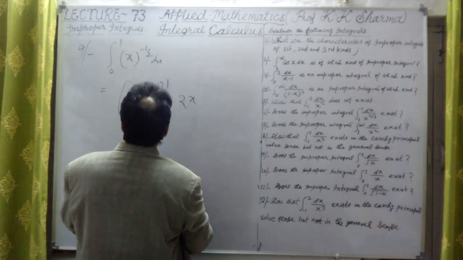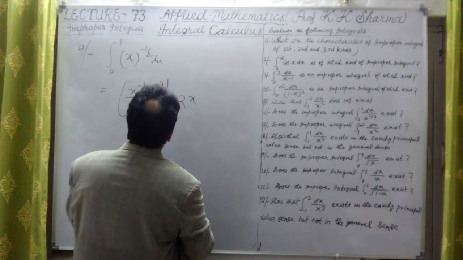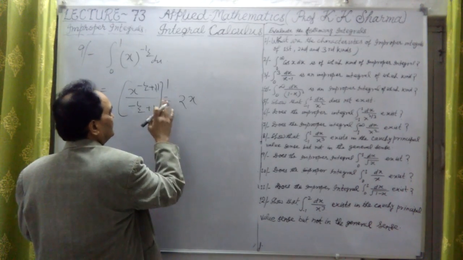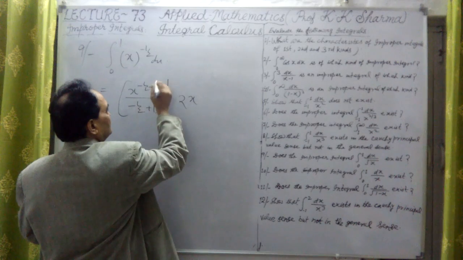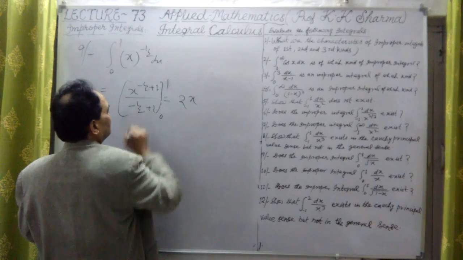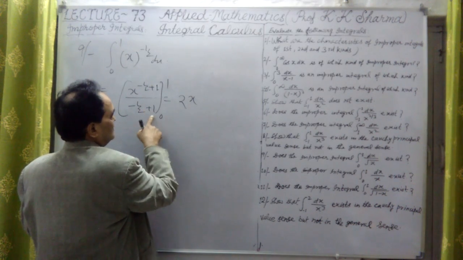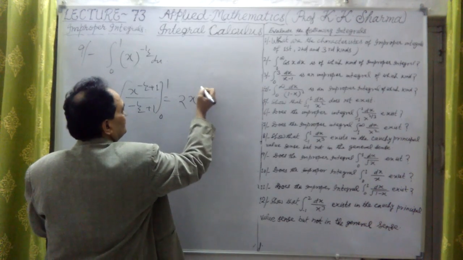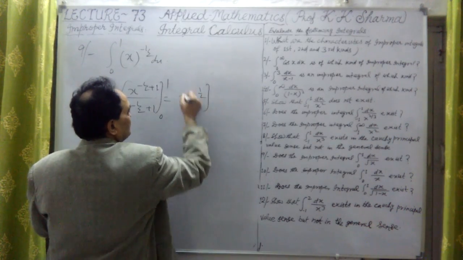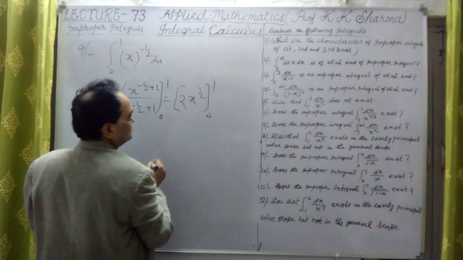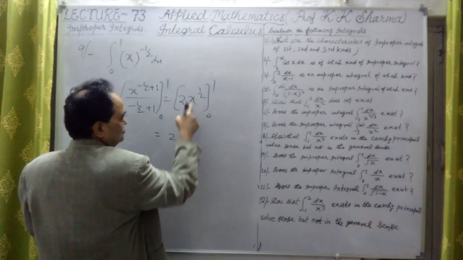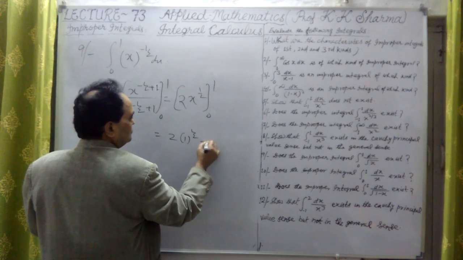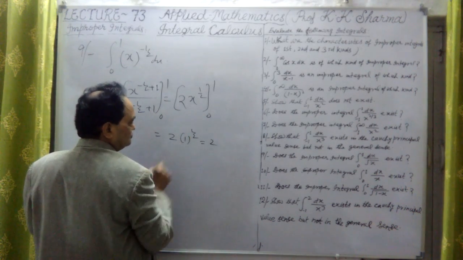Minus 1/2 plus 1 is plus 1/2, so it will be twice x raised to the power 1/2, with limits 0 to 1. It is 2 times, because x raised to the power 1/2 at 1 is 1, and at 0 it is 0.